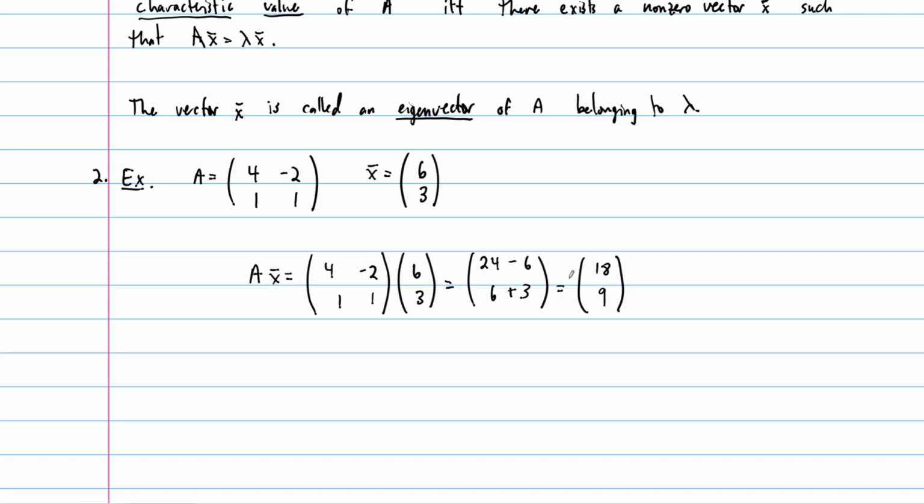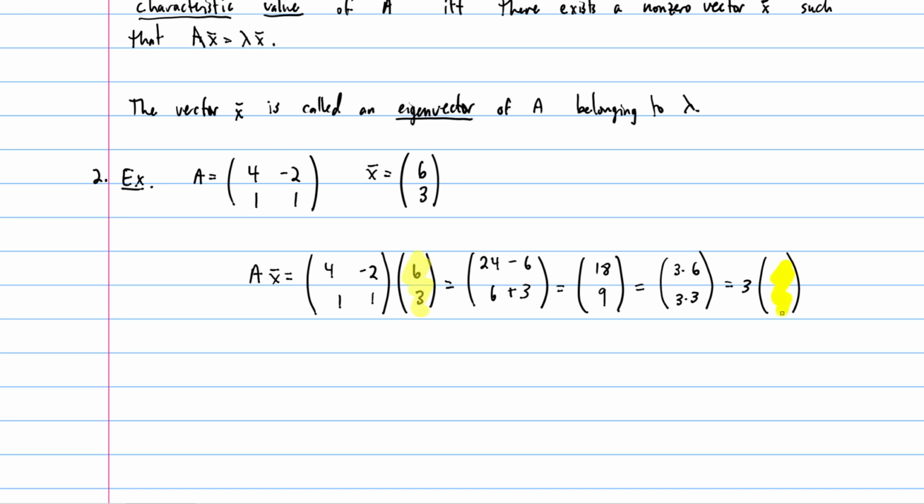All right, and so we're hoping to find that this is a scalar multiple of this vector up here. Notice we can factor a 9 out of both of these, but that leaves us with a 2, 1. We want to be left with a 6 and a 3, right? So if we factor out a 3 from each of these, 18 is 3 times 6, 9 is 3 times 3. We can factor out that scalar 3, and we're left with 3 times the original vector that we started with, 6, 3.